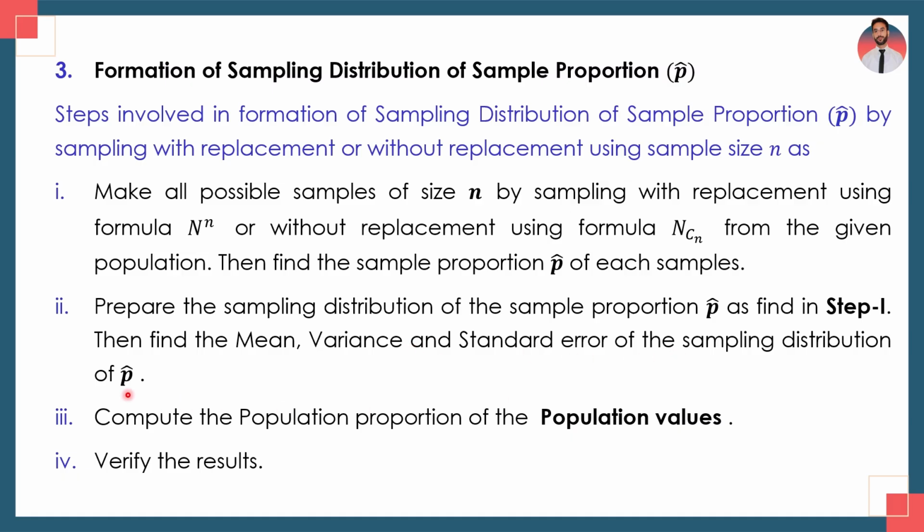In the third step, compute the population proportion of the population values, and in the fourth step, verify the results using the verification formulas. We will verify the sampling results with the population results using the particular verification formulas. These are the 4 steps involved in formation of sampling distribution of sample proportions p hat.